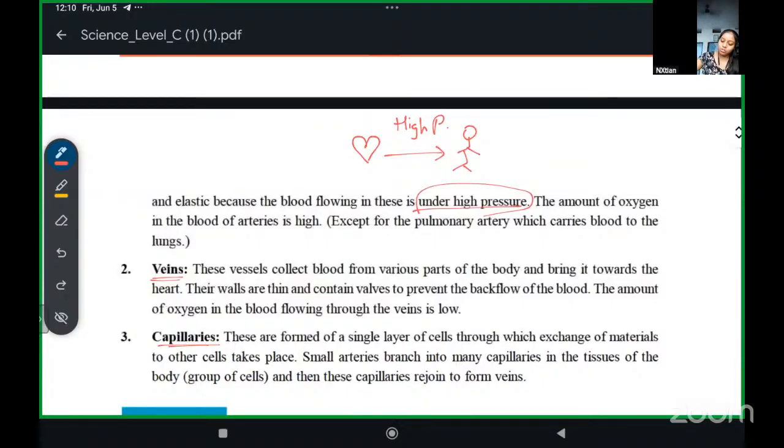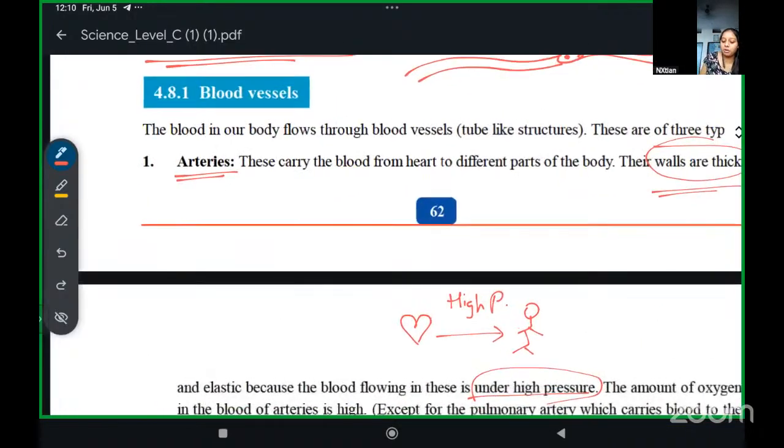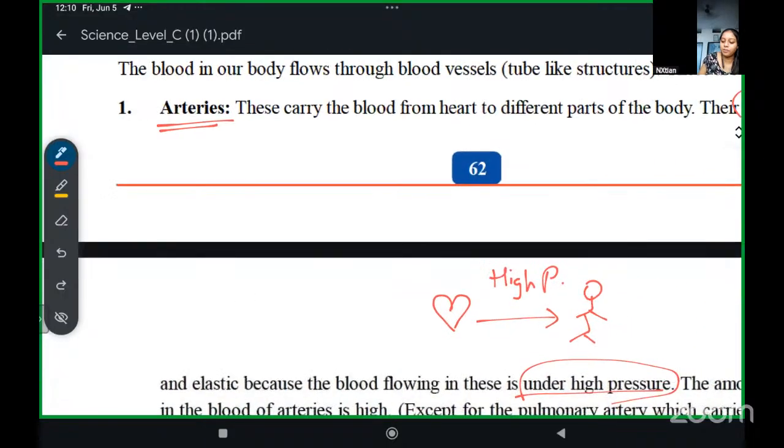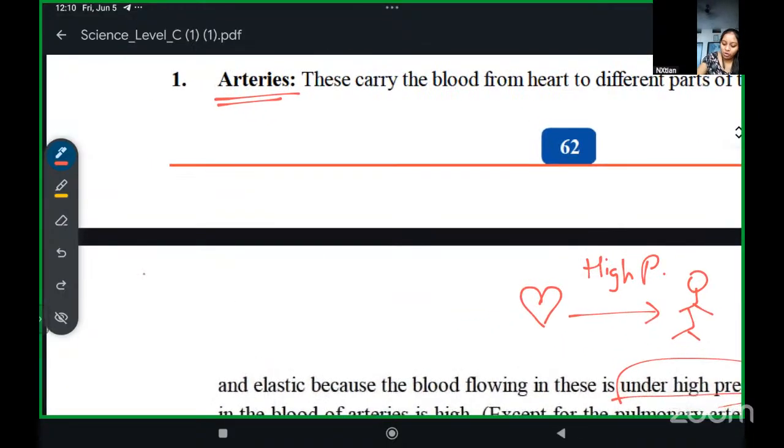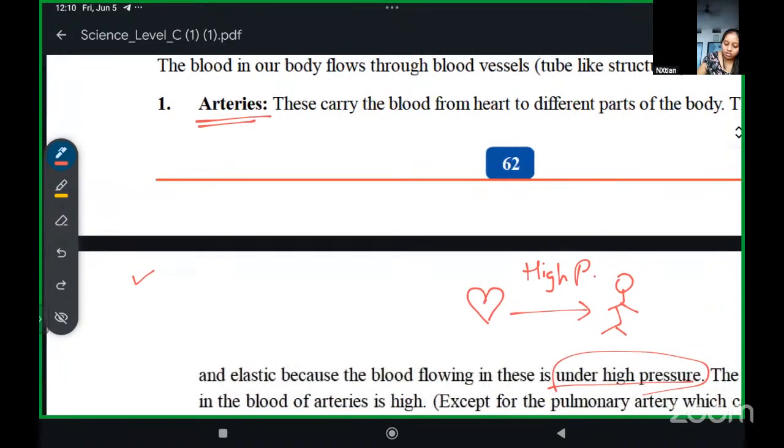Now, when you talk about arteries, there are some points you have to remember. Number one, they carry blood from the heart to the body. Number two, thick walls. They are more thick.